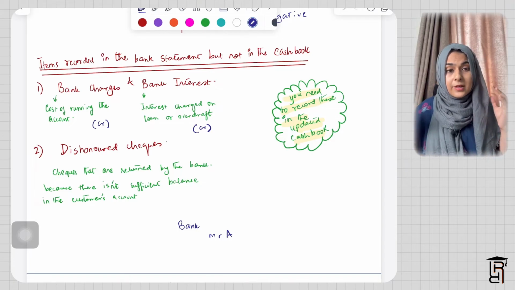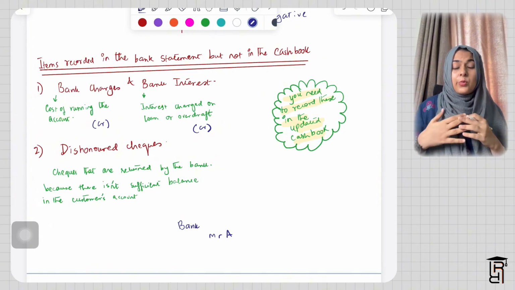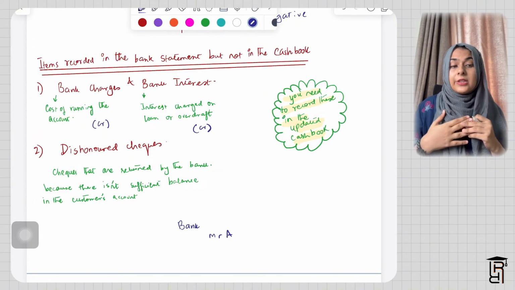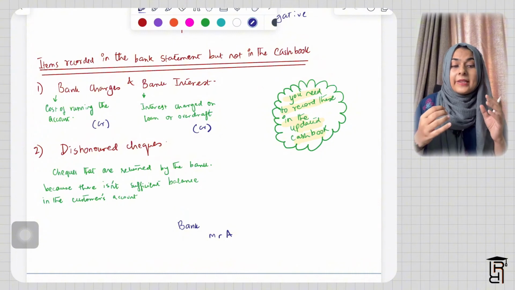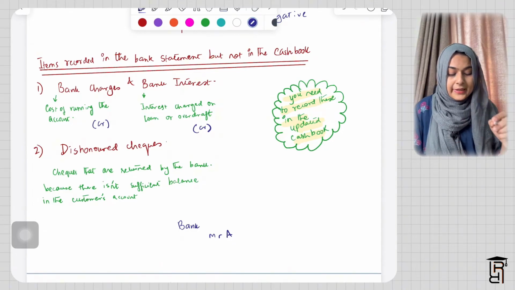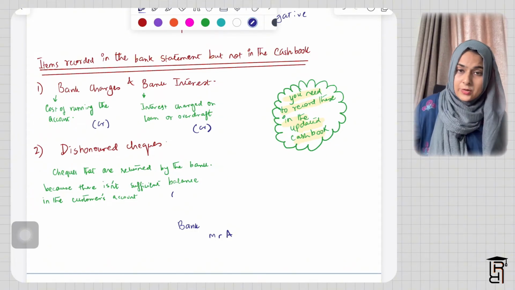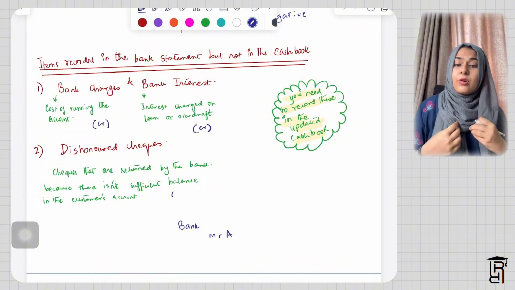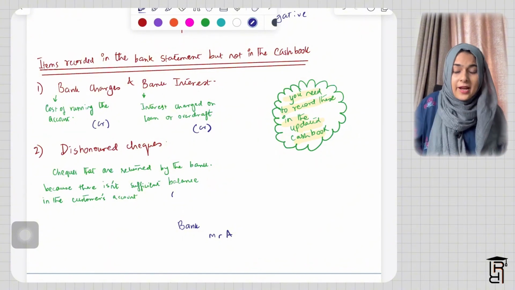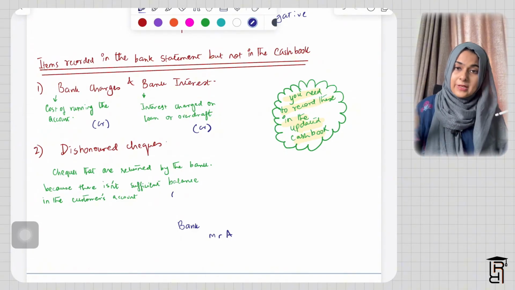But let's say Mr. A does not have sufficient balance in his bank account. The bank will return the check, and that will be a dishonored check. So you need to update the cash book and record this on the credit side, because when we received the check we debited the cash book. When we get to know about the dishonored check, we haven't actually received the money, so you need to credit the cash book so that the amount is removed from the debit side.